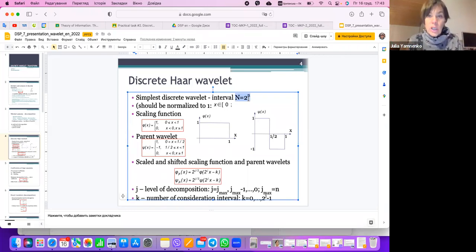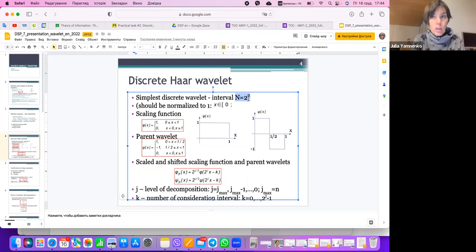It's very important. If you don't have it, if you have another amount of digits in the original signal, you have to do something before in order to be able to apply the wavelet transform. Initially you have to count all your values and be sure that this number is 2 in the power n.